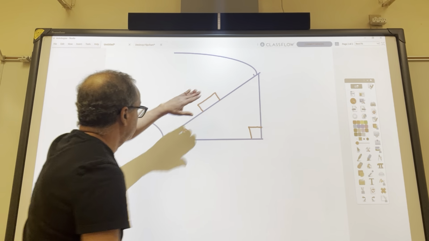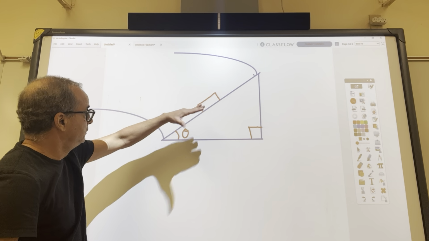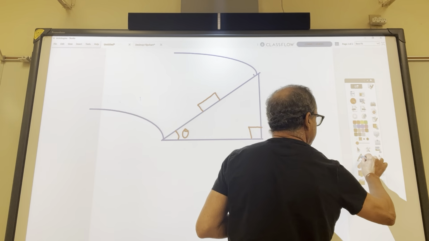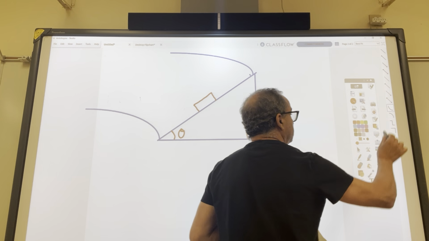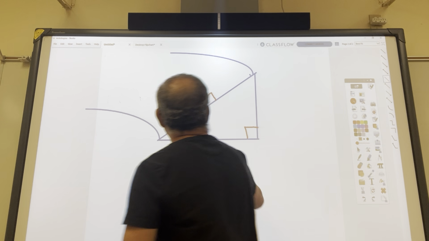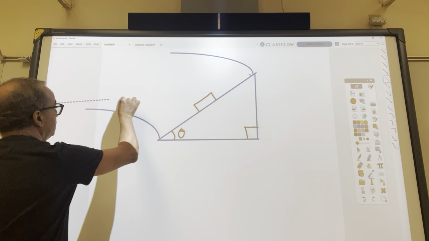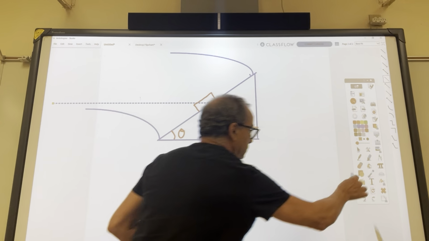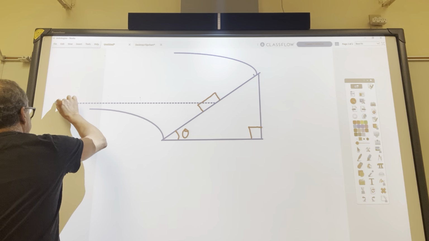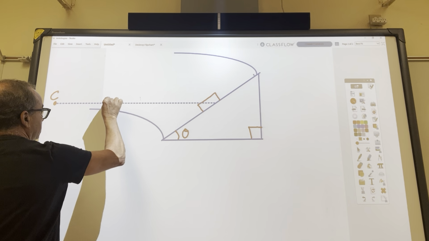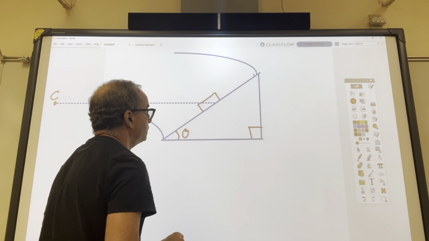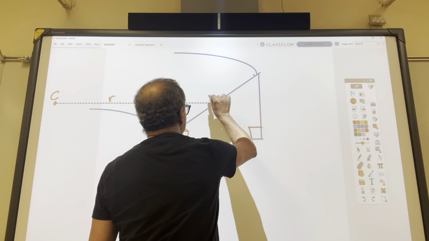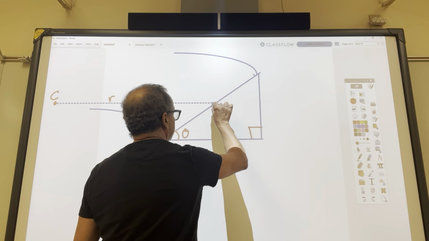So the car is going around on the circle, and this is the center. The center is going to be over here. So this is my center, and this is the radius, and that's the car. Let's represent the car by a dot.